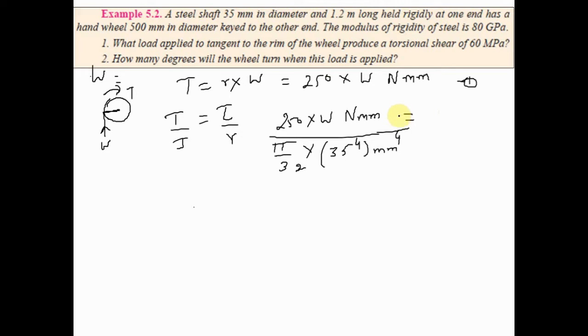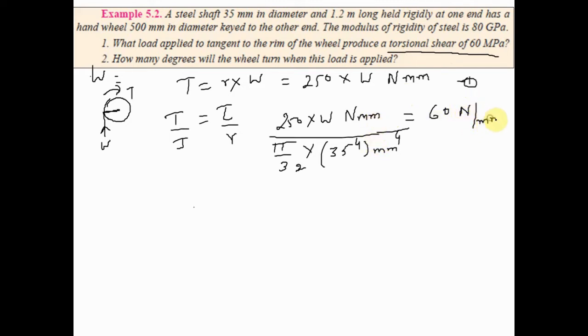So T by J we have written is equal to tau by R. Tau is the shear stress. It says in order to produce a torsional shear stress of 60 megapascals, we can write 60 megapascals. But since on the left side we have taken millimeter, we can write directly Newton per millimeter square.